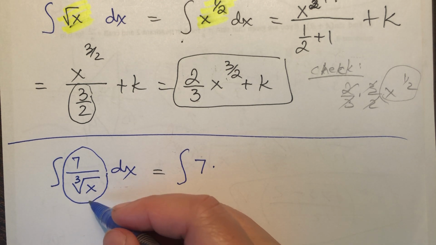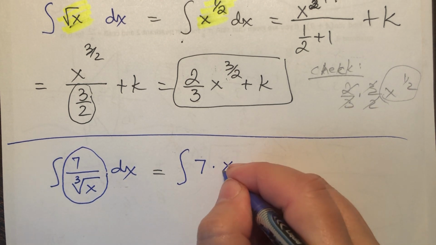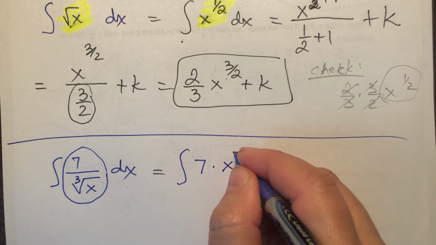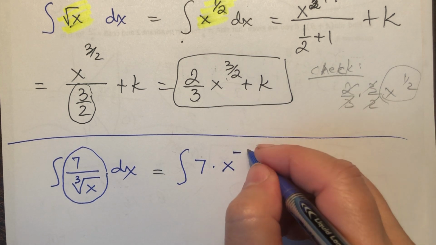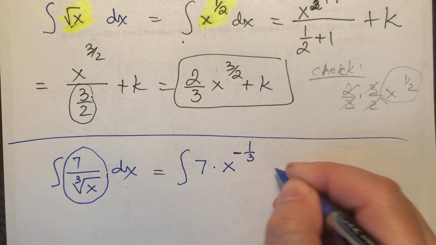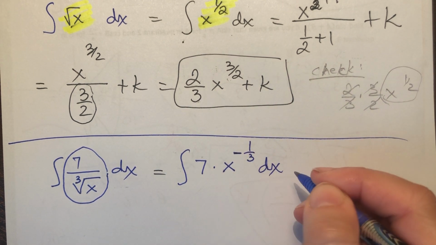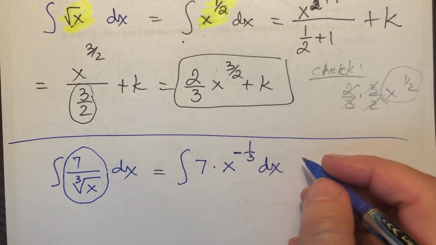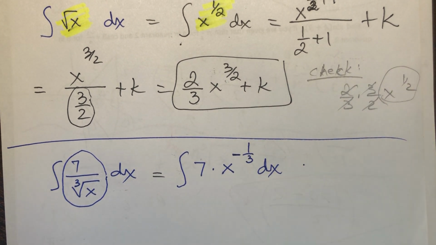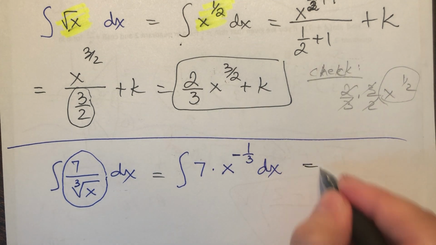How could I rewrite this as an exponent? It's an x to the what? Well, the fact that it was on the bottom meant I had a negative exponent. Cube root is a 1/3 exponent, yes? So I just rewrote 1 over the cube root of x as an x to the negative 1/3. Good. And now I'm ready to find this antiderivative.